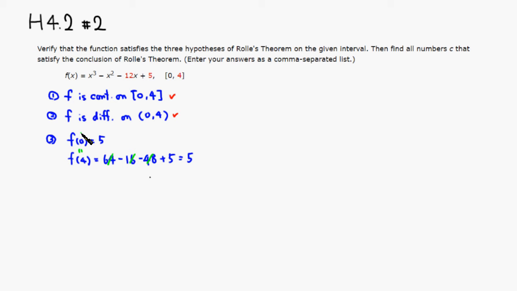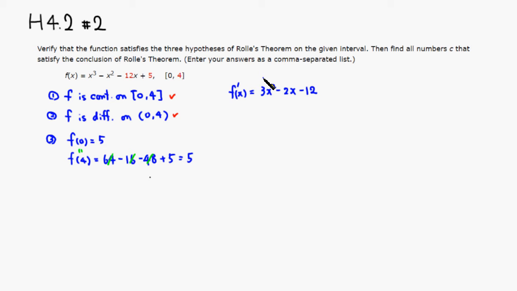So we checked all three hypotheses of Rolle's theorem. Then we're going to find the c such that the derivative at that point is 0. So we take the derivative of this function, which is 3x squared minus 2x minus 12, and the derivative of 5 is 0.